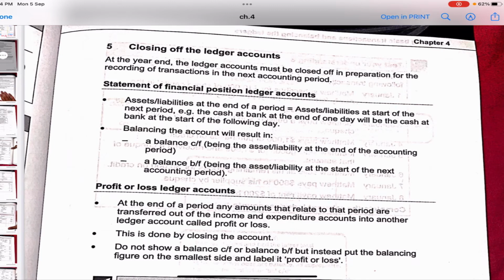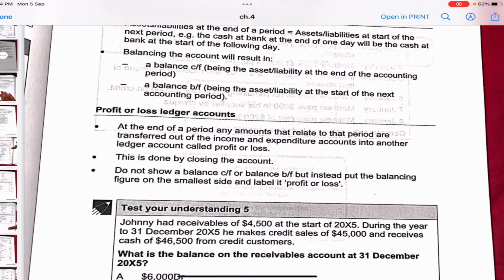So at the end of this year, whatever stock or things I have left with me will be the opening balance of the new year. Is there any confusion in that? Whatever my closing balance of this year is, that will be my opening balance of the next year.